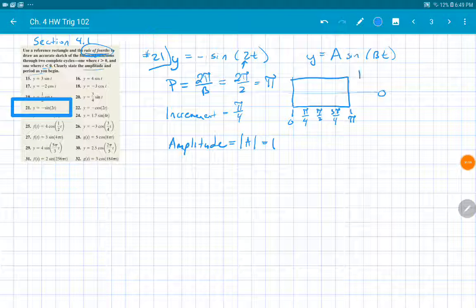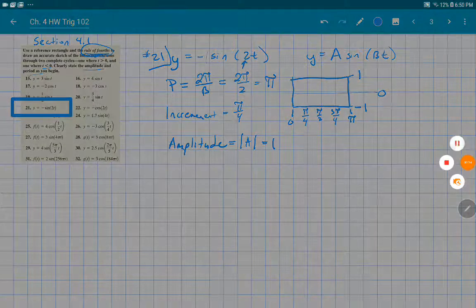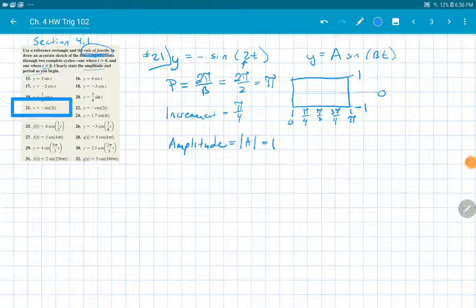So it has a height of 1 and a height of -1, 1 unit in each direction from 0. Okay, so I know where on the grid it's going to be placed now.